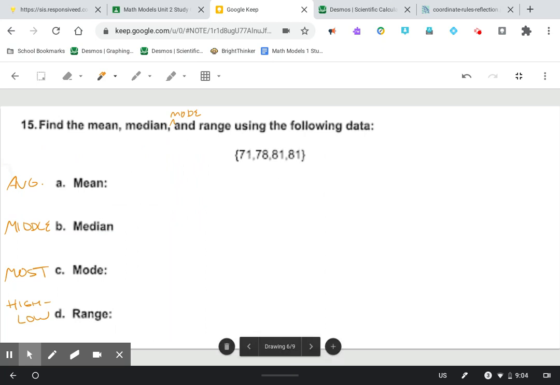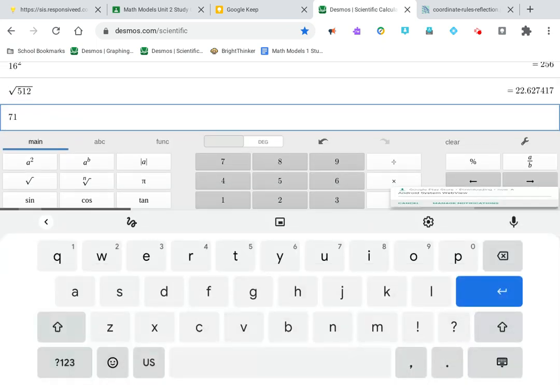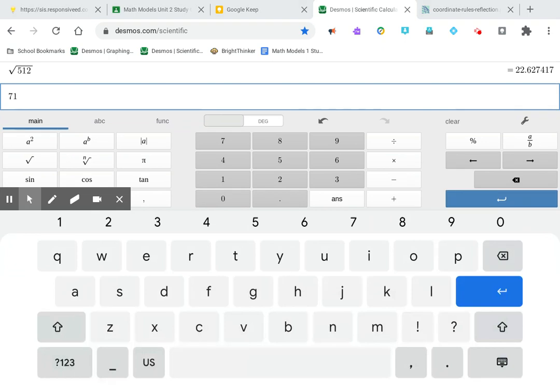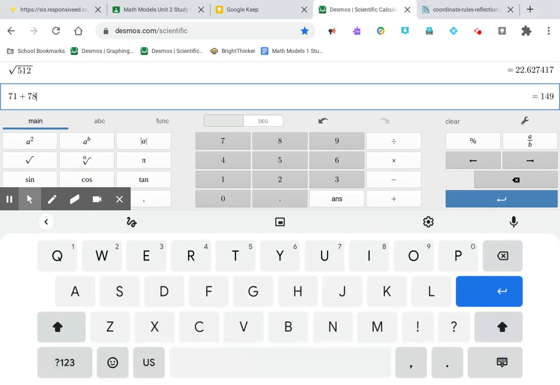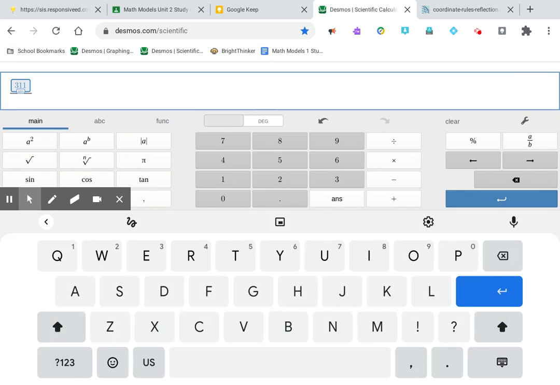So for the mean, I'm going to add up all the numbers: 71 plus 78 plus 81 plus 81. There are 4 numbers, so I'll divide the answer by 4, and I get 77.75.